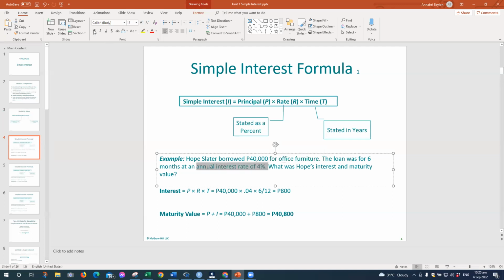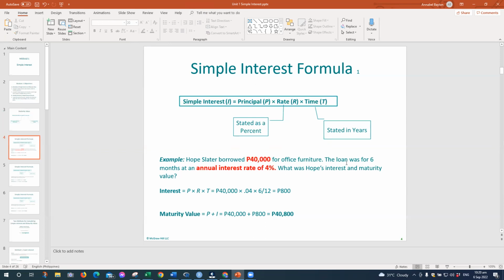Even without putting annual here, the assumption would always be that this is annual. So you know the principal, 40,000 is the amount being borrowed. That's our principal. And this is our rate. And then this is our time.